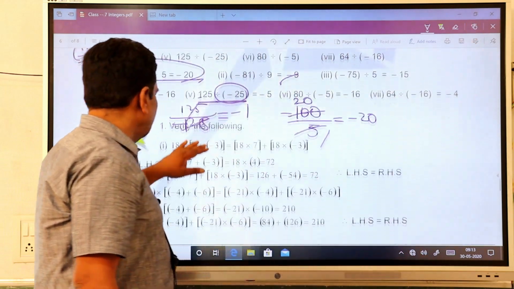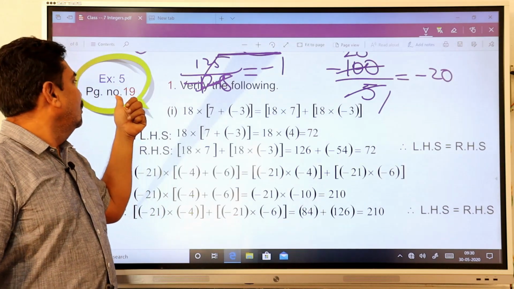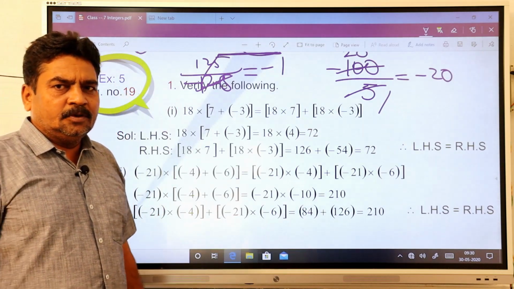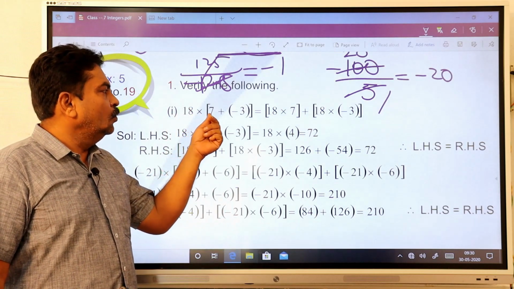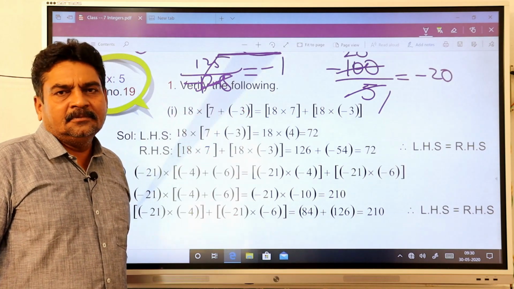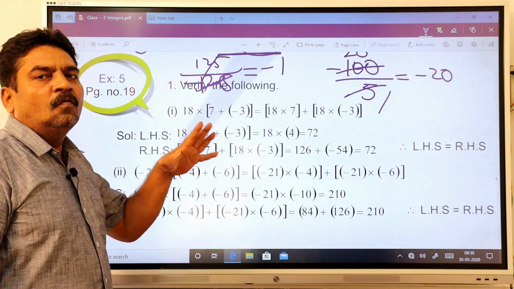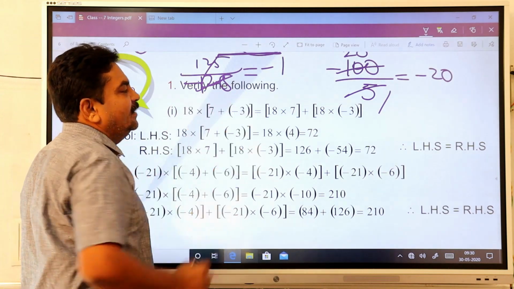Then this is exercise 5, page number 19 in your textbook. The first one given is 18 into 7 plus minus 3 equal to what? It is asking you to verify the following.